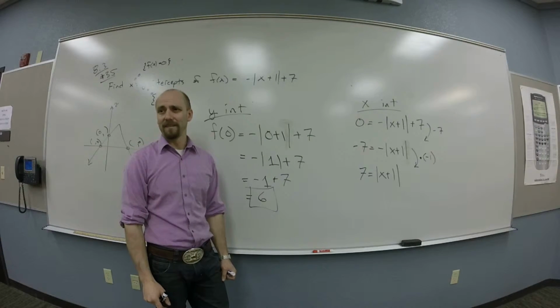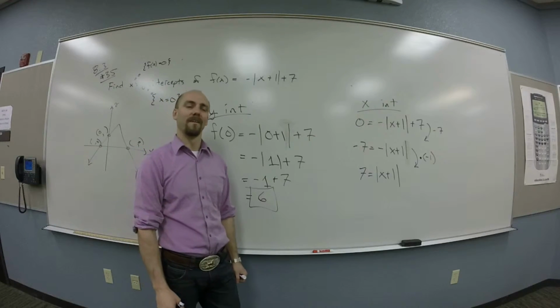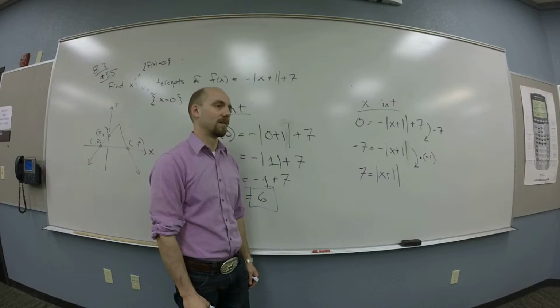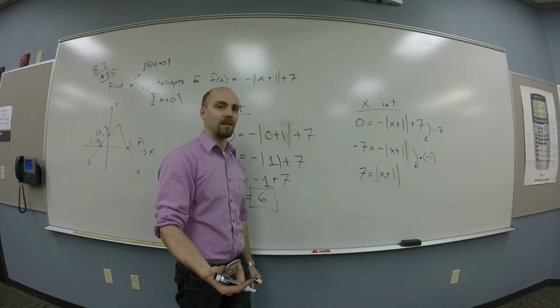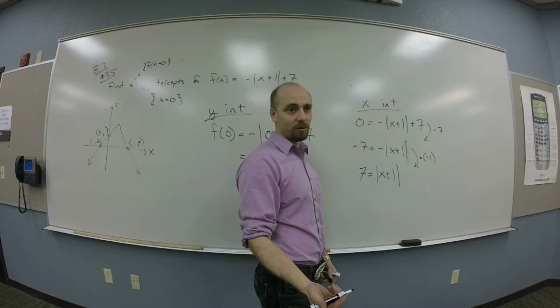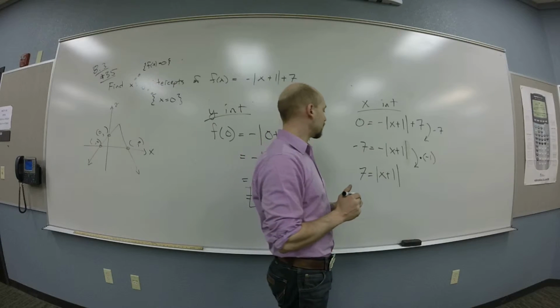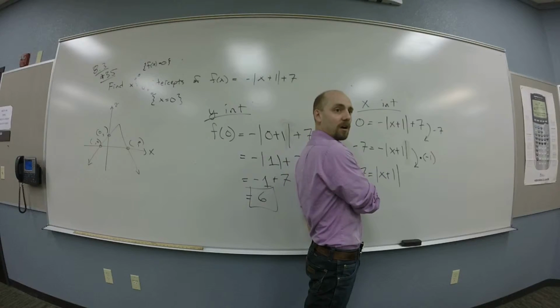So what does that mean? Yeah, I want to know what x is, right? Right now it's stuck inside that absolute value thing. So what does this sentence mean? The absolute value of x plus 1 is 7, right?